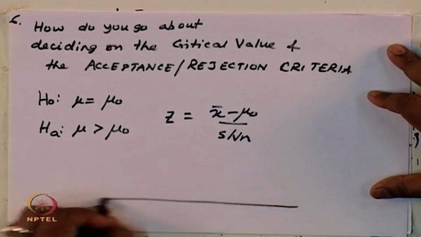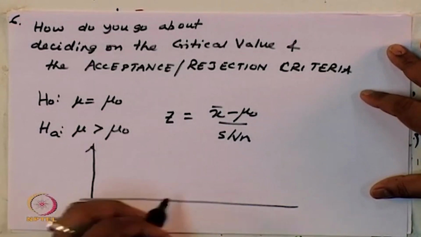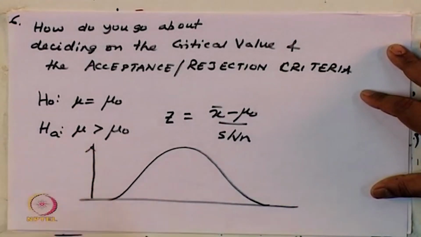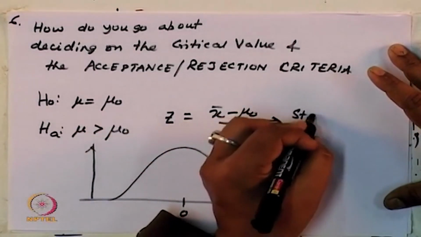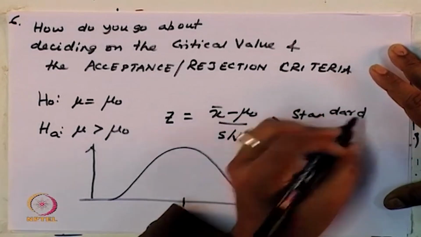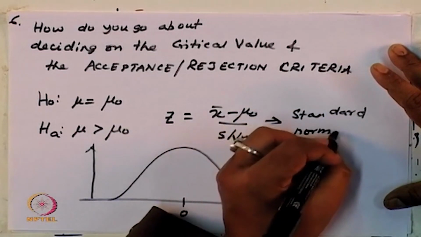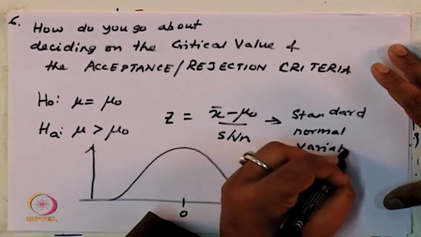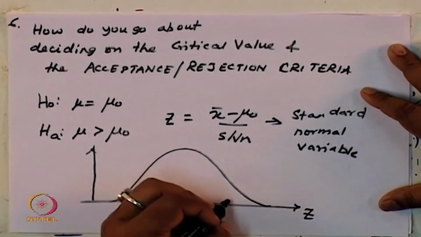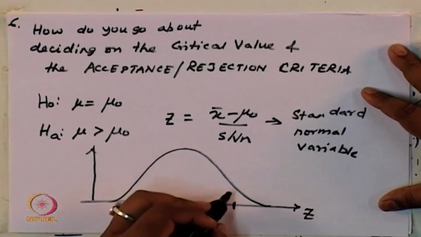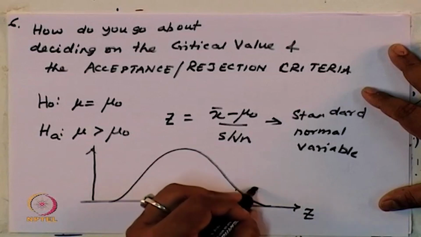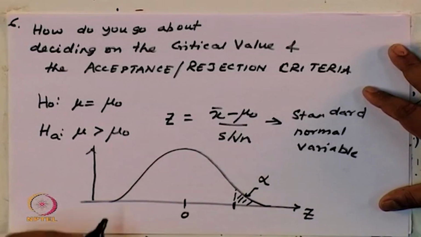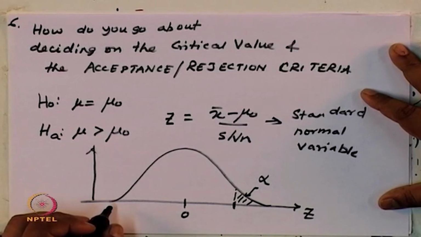If I were to draw the whole curve, this is my 0, since Z is a standard normal variable. If my Z is more than a certain value, this is a probability, which we call alpha, the significance level of rejection.